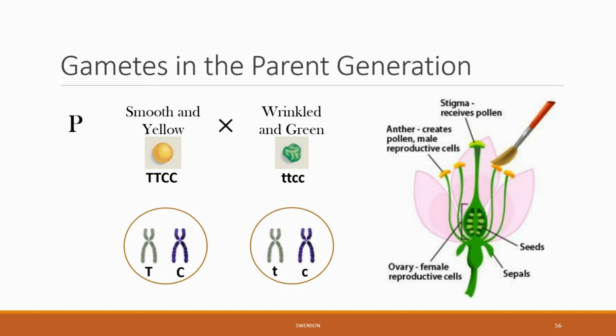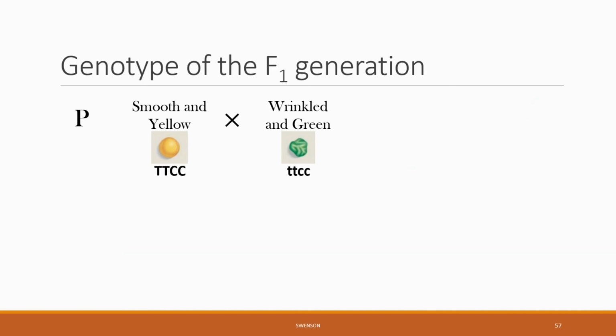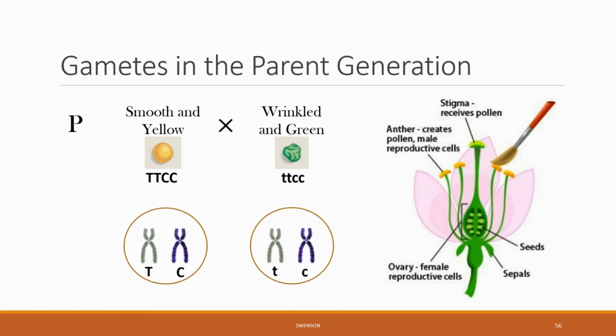Now, every gamete produced by the smooth yellow parent would contain a chromosome containing the dominant allele for texture and also a chromosome carrying the dominant allele for color. Likewise, every gamete produced by the wrinkled green parent would contain a chromosome carrying the recessive allele for both traits.